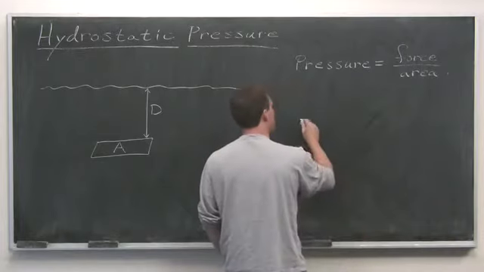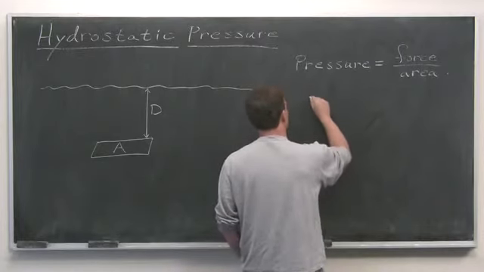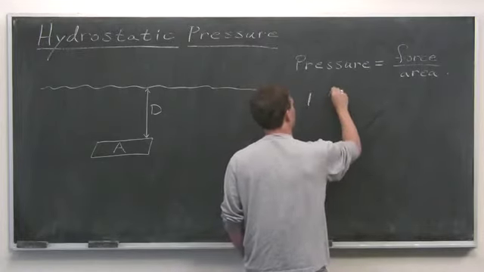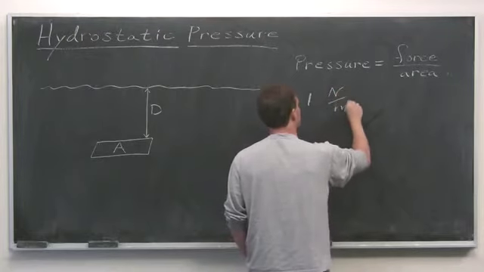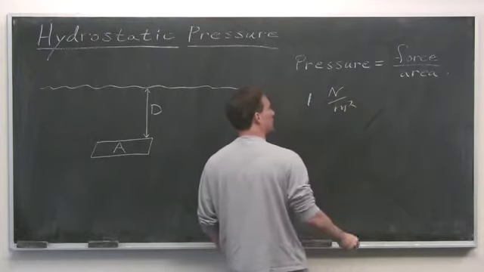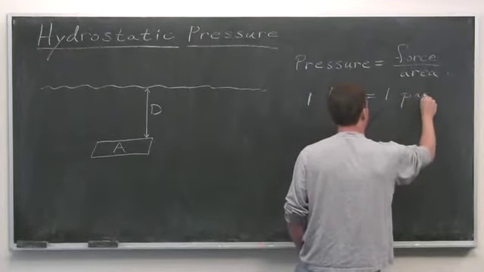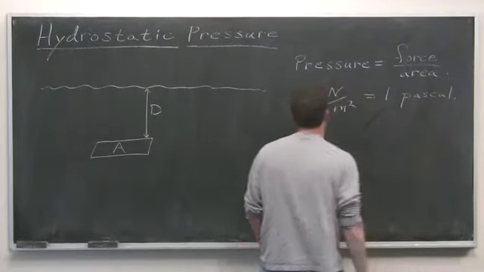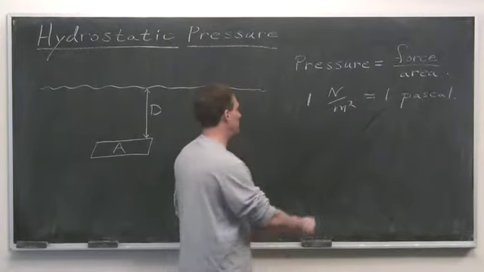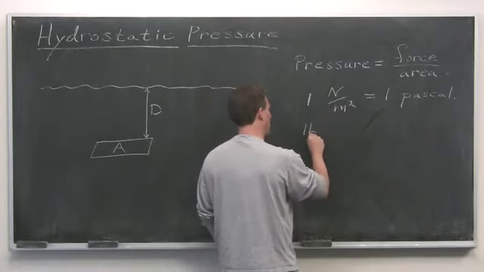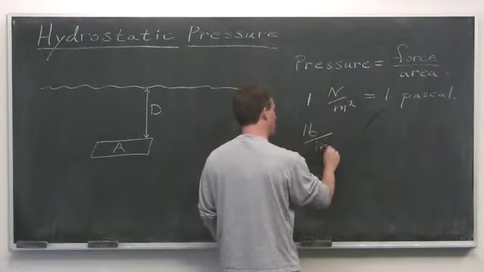In metric units, you would typically look at 1 Newton per square meter. This has a name. This is called 1 Pascal. In English units, you would typically use a pound per square inch.